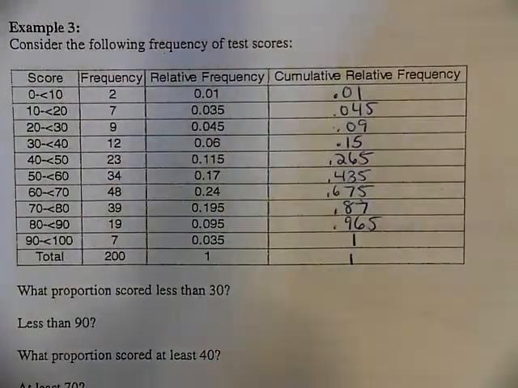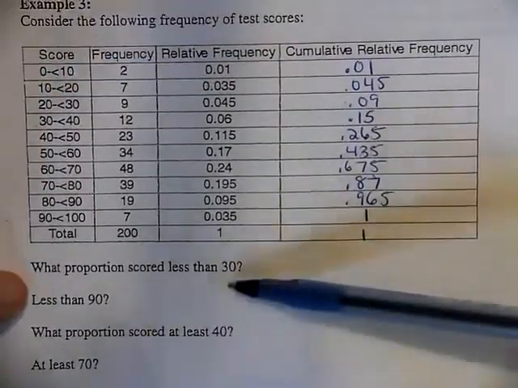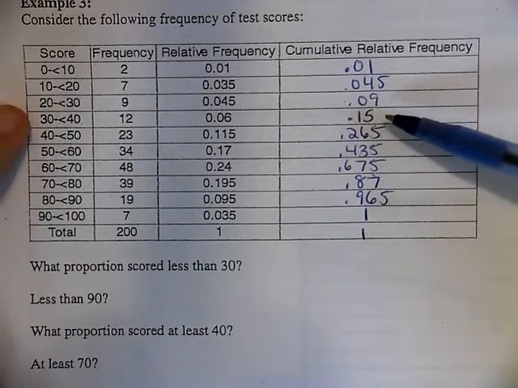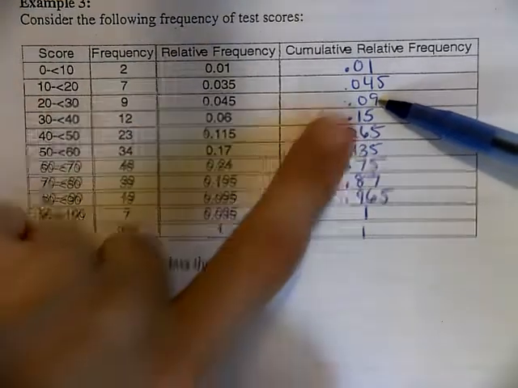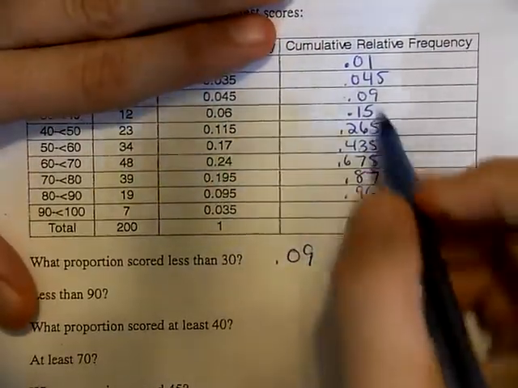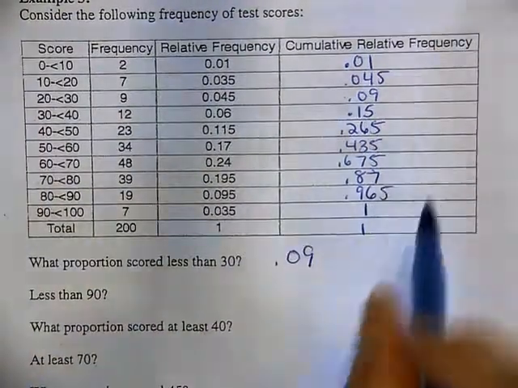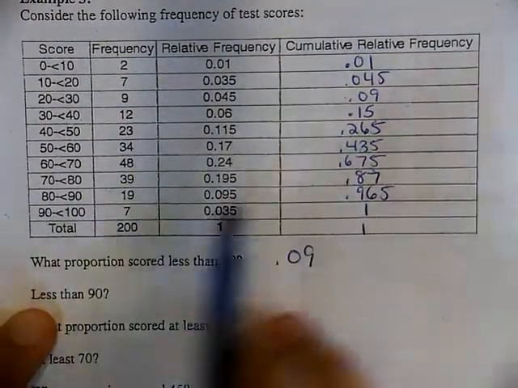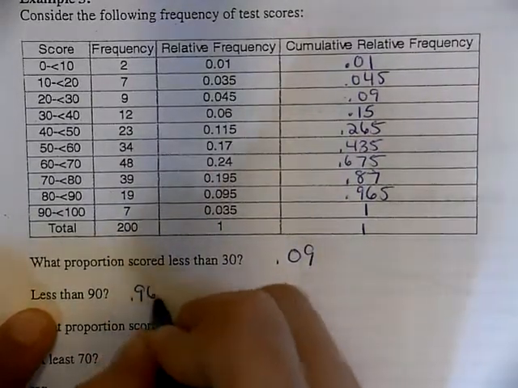So let's answer some questions. Let's pretend we just know the cumulative relative frequency. What proportion scored less than a 30? That would be 0.09. If we just knew this one. Less than 90, we just go to the 90 part, 0.965.